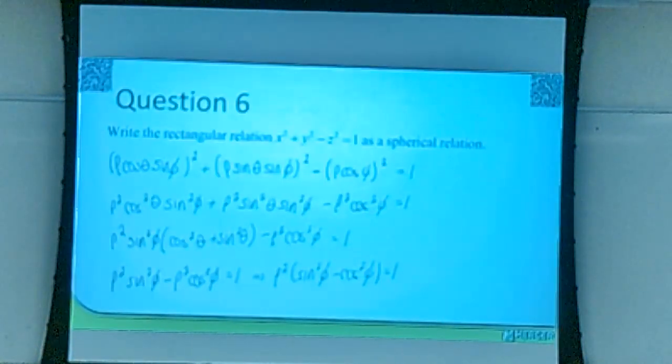The double angle: sine squared phi minus cosine squared phi. Is that a double angle identity? I don't know if it's a double angle identity. It might be an identity.